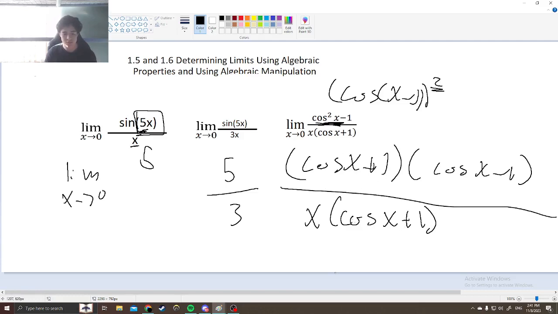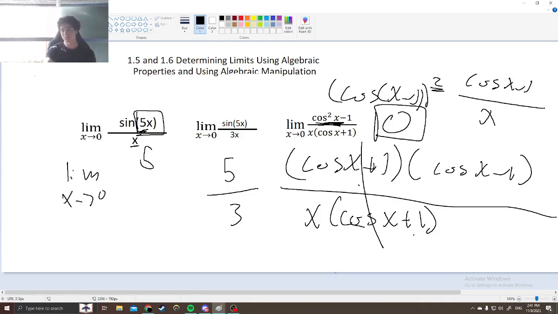So the cosine x plus 1 terms cancel, and you're left with cos x minus 1 over x, and we saw before that this just equals 0. So your answer for this one would be 0. That's how you apply these concepts. And we're done with 1.5 and 1.6, so we're going to move on real quick.